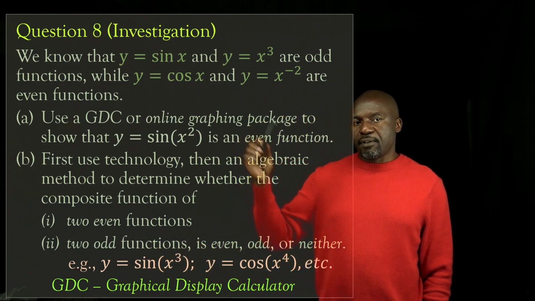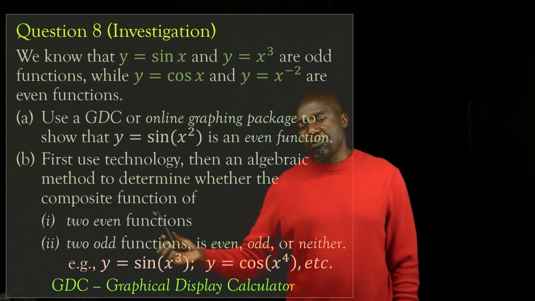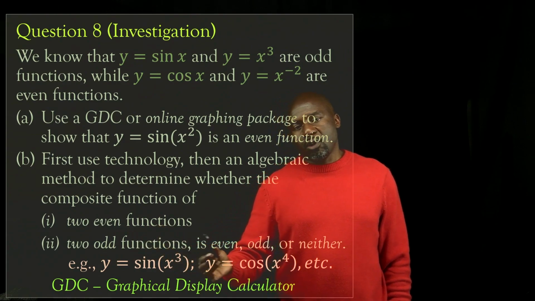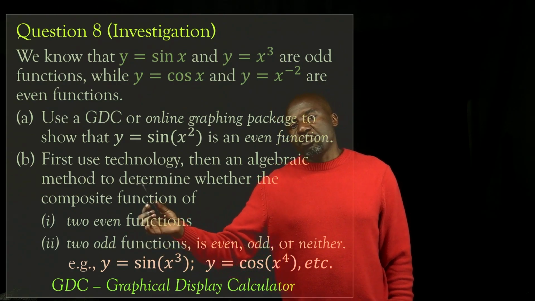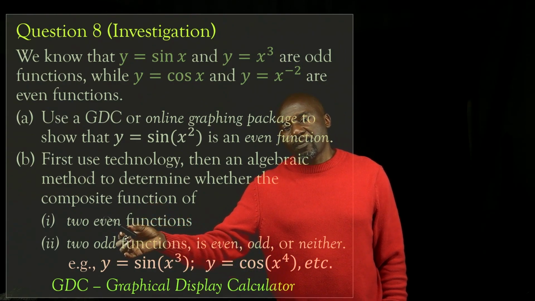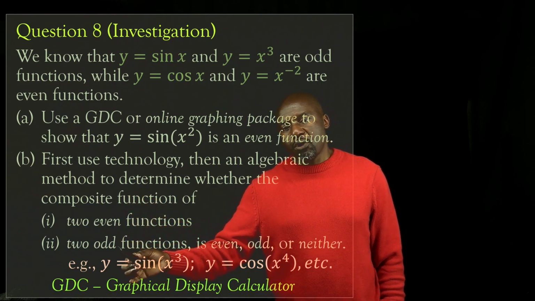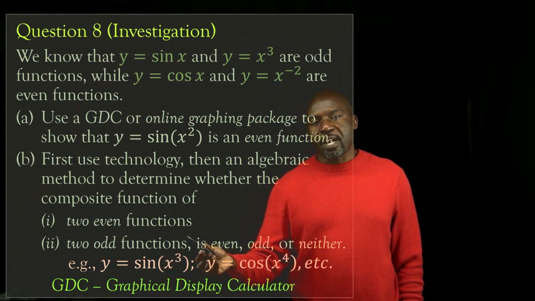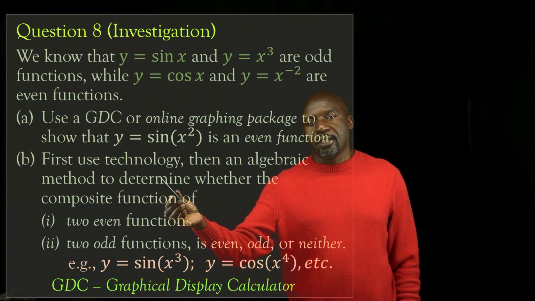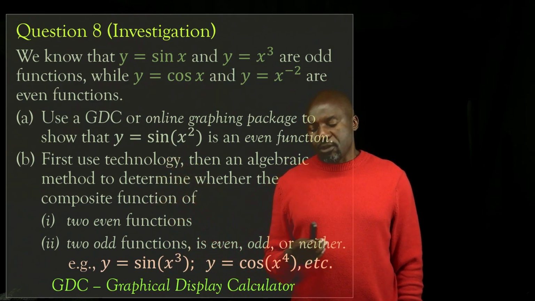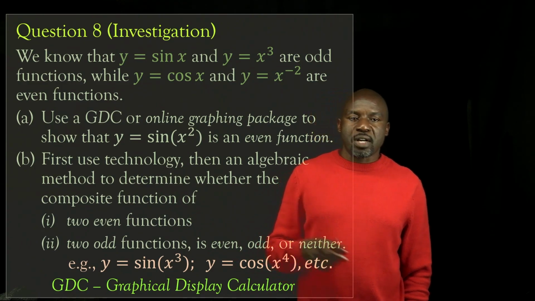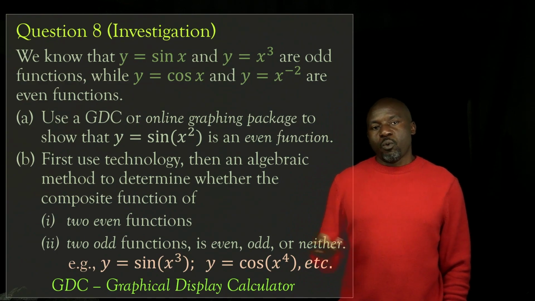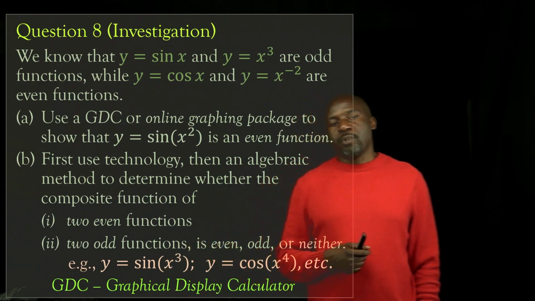In question 7, we showed that the composite function made up of one even and one odd is always even. What about two even functions? What about two odd functions? You can try the algebraic method first and then use technology to confirm your answer, or do the opposite. I want you to try that out to see what category these functions belong in.